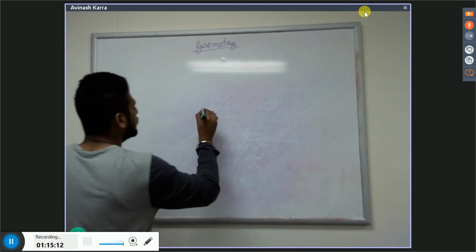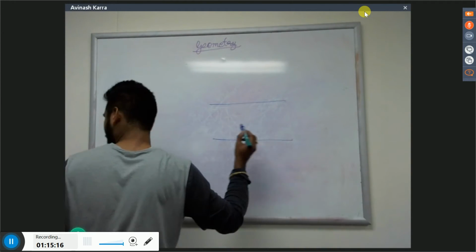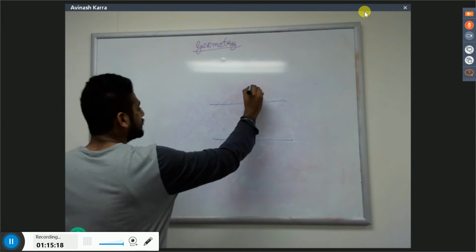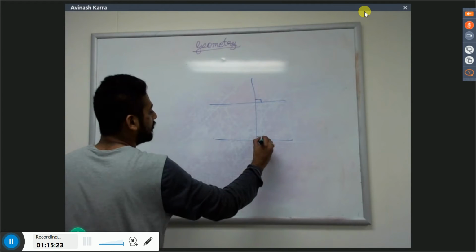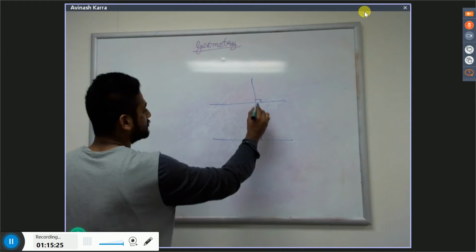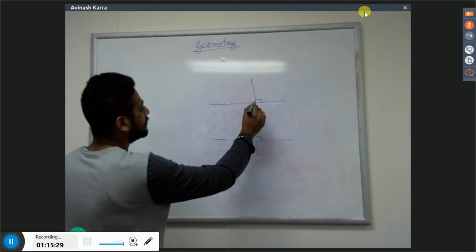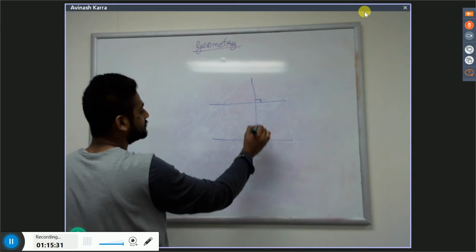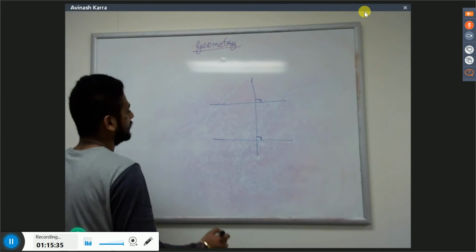Let us take one example. What does this mean? That they're both 90-degree angles.